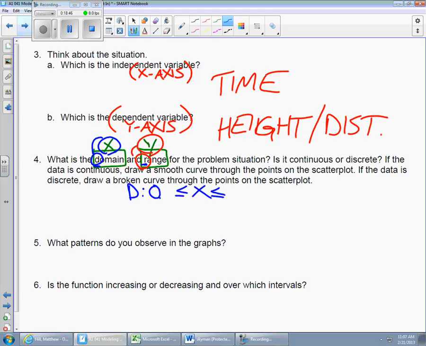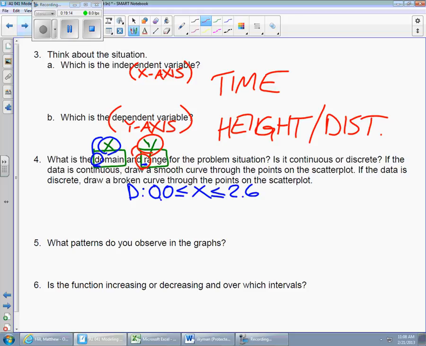It's between 0.0 and 2.6. 0.0 is smaller than or equal to the amount of time, and the amount of time is smaller than or equal to 2.6. Another way people like to think of it is x is between 0.0 seconds and 2.6 seconds. So there's the answer to that.